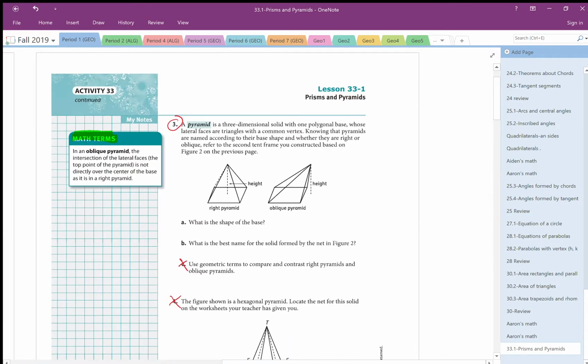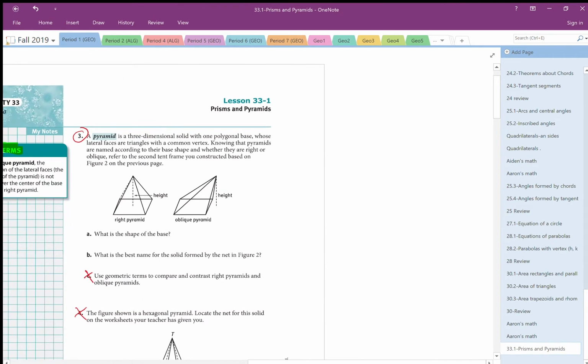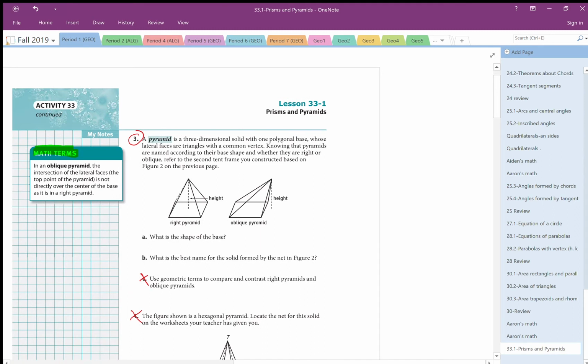Now we're going to talk about pyramids, and they did a much better job of drawing a pyramid than I did. Please don't judge me. Just as a reminder, the math terms: in an oblique pyramid, the intersection of the lateral faces, the top point of the pyramid, is not directly over the center of the base as it is in the right pyramid. As we know, a pyramid is defined as having only one polygon base.